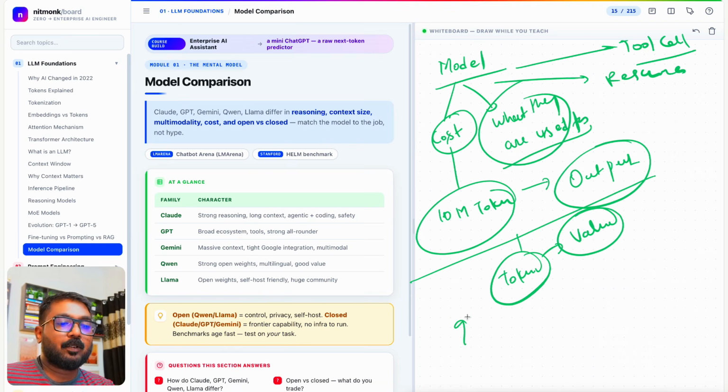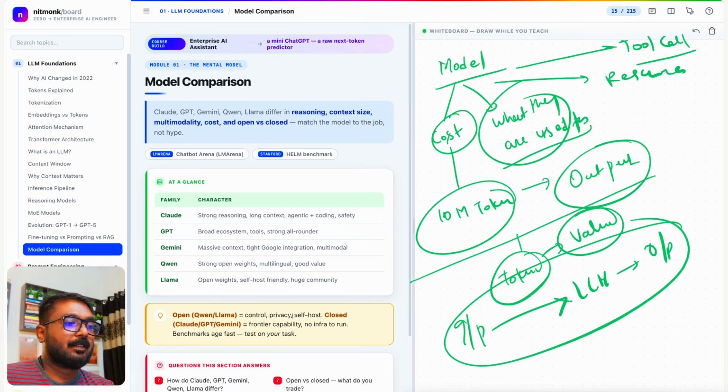And for input to the LLM and for the output, we have to pay the cost in both places, correct? And each company, like Claude, GPT, Gemini, Qwen, Llama, has different characteristics of these LLMs, right?